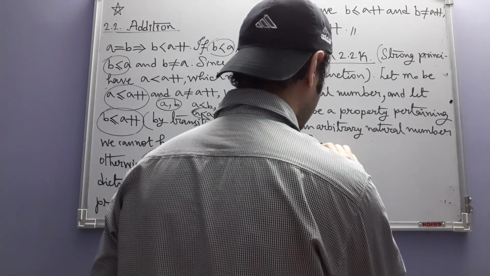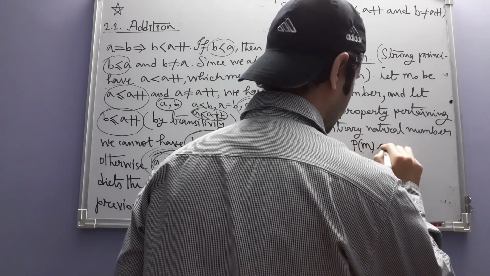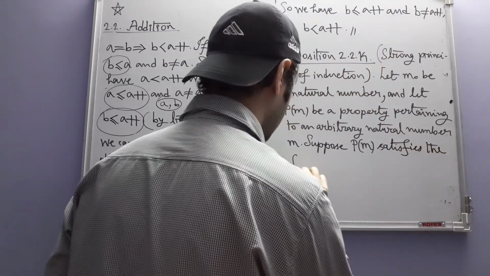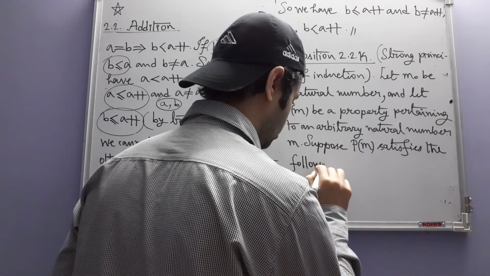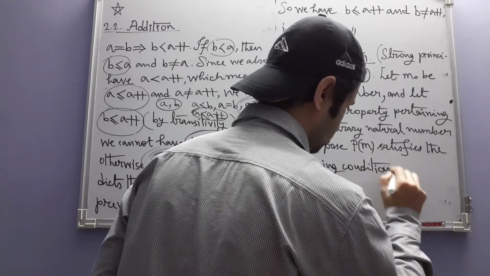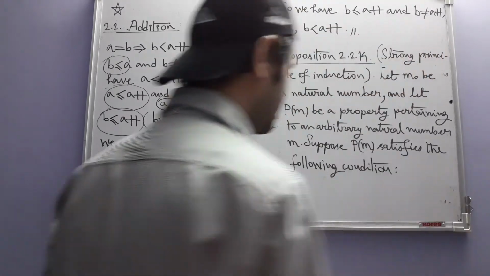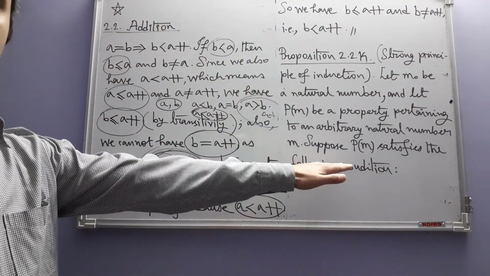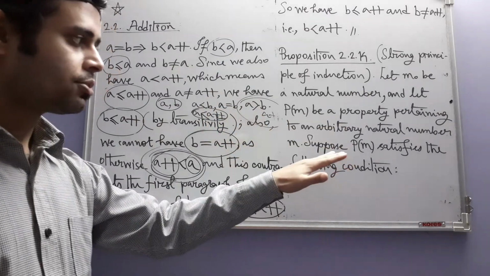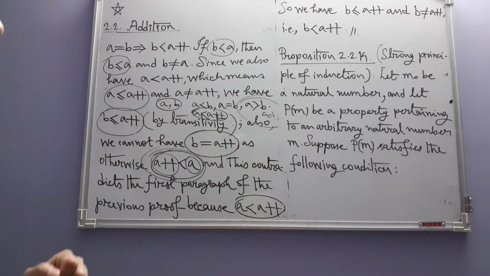Suppose P(m) satisfies the following condition. There is a restriction on the property P(m). Previously also, in the actual principle of mathematical induction, the fifth one given by Peano, we restricted P(n). So here also we are going to restrict P(m).